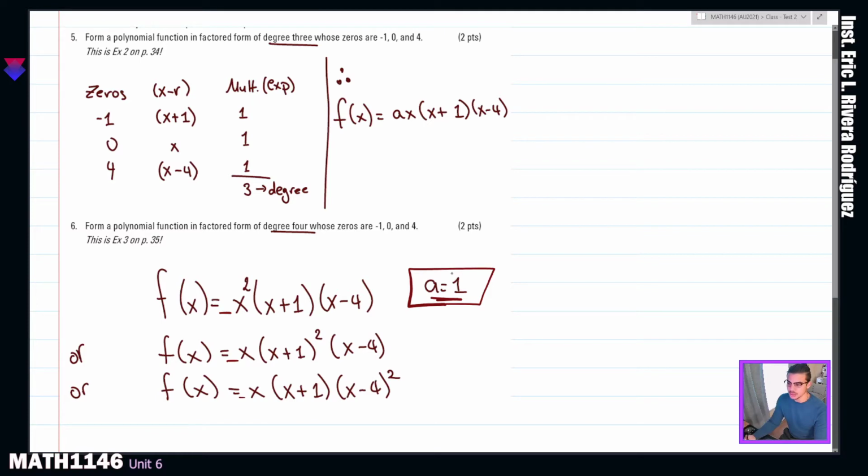Because when you do this, you are telling me that you understand all the parts that make up a polynomial function, the leading coefficient and the factors, okay? So if you are in the test or in the quiz, you want to write a equal to 1 at least, and that is the way you are going to tell me that you are taking into consideration the value of the leading coefficient, okay?